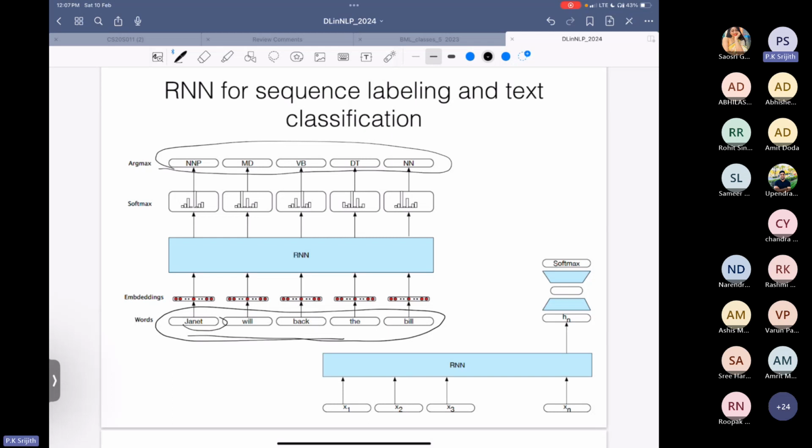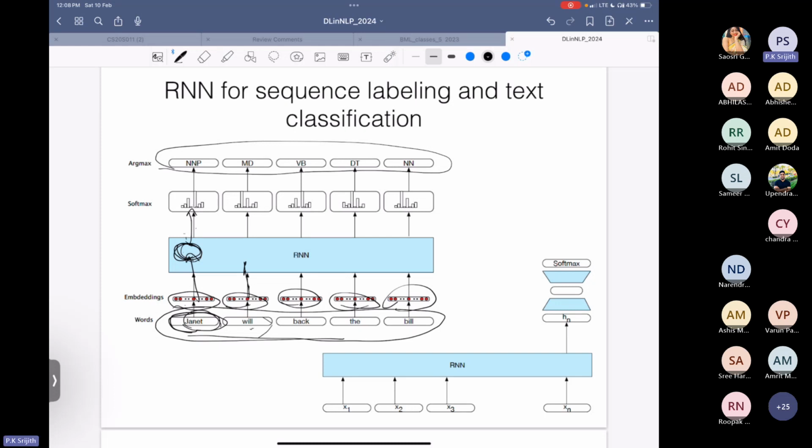So you form some vector representation for each of these words, right? This is the vector representation for these words. Then you pass it to a RNN, right? And maybe for the first word, you just get this hidden representation based upon this input alone, and then try to obtain this probability distribution over part of speech tags.